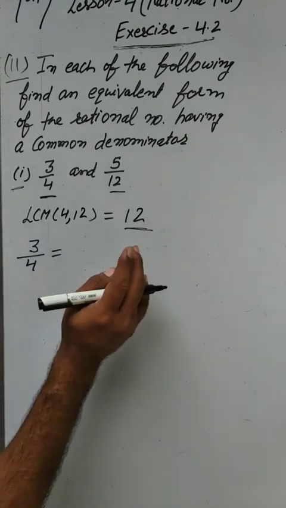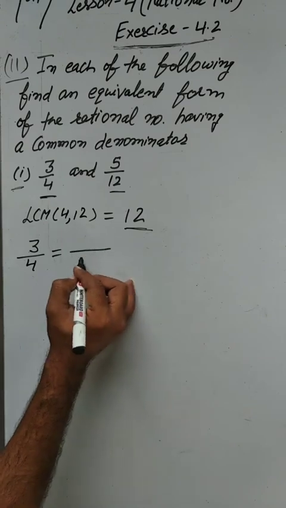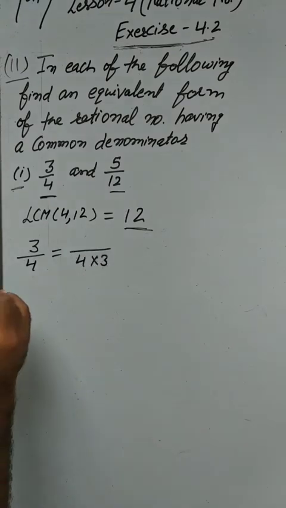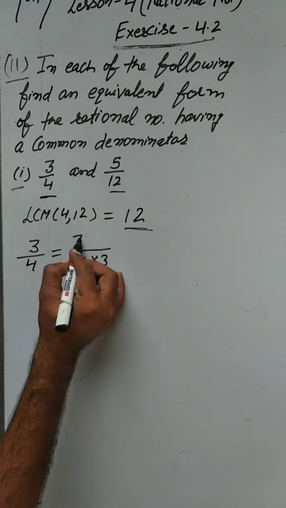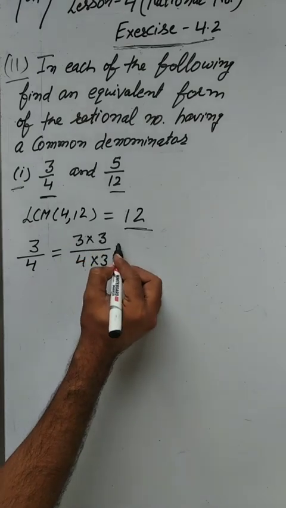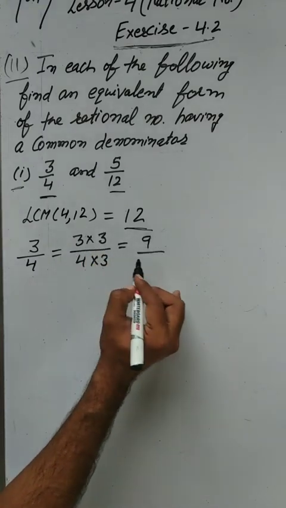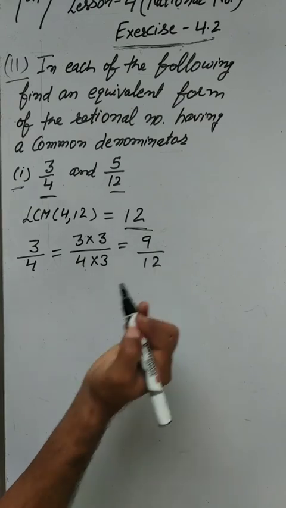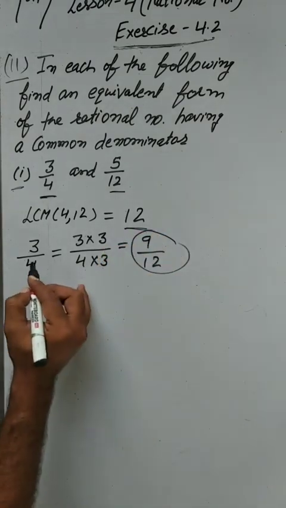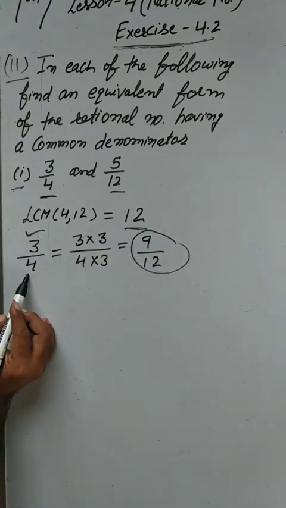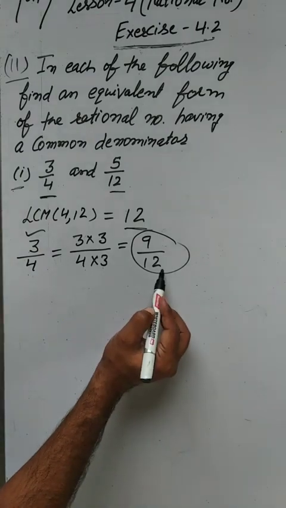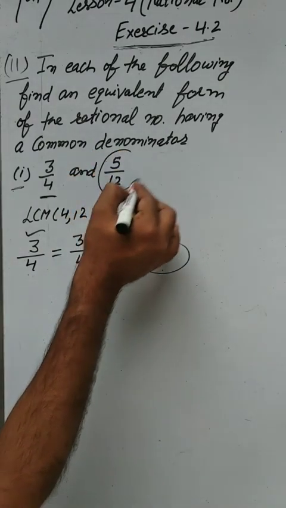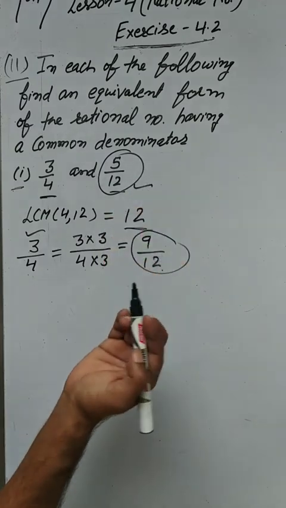Can I change 4 into 12? Yes, if 4 is multiplied by 3. Similarly, with the same number you have to multiply the numerator also. 3 multiplied by 3 is 9 upon, 4 3s are 12. Now the denominator of that number will be changed into 12, and the denominator of this number is already 12.